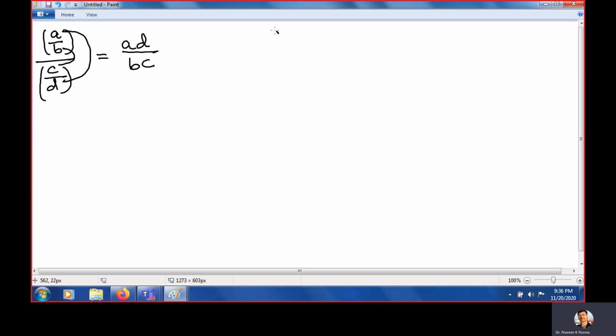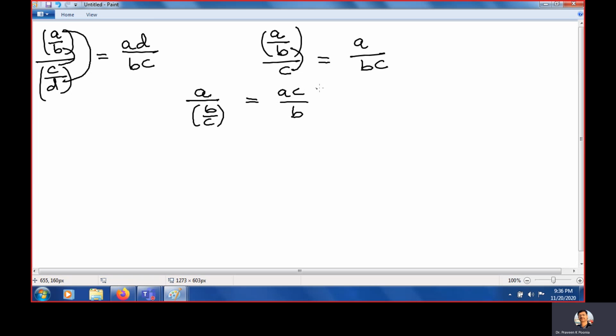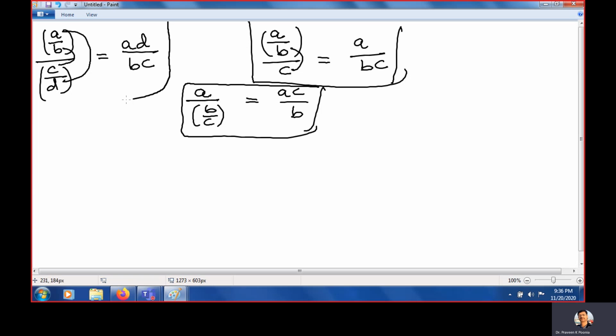But if A upon B is divided by C, this is A upon BC, the two numbers multiplied. And if we are dividing A by B upon C, a fraction, what will it be? AC upon B. These three things please remember while you are simplifying the fractions.